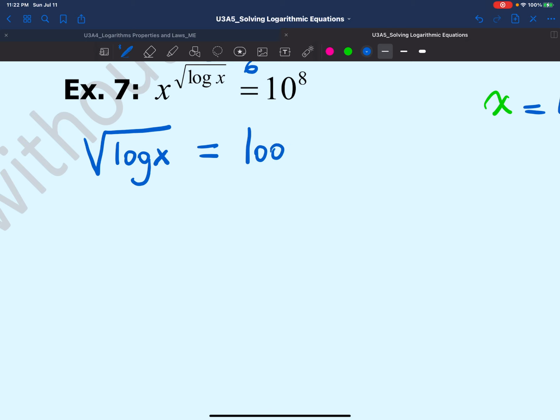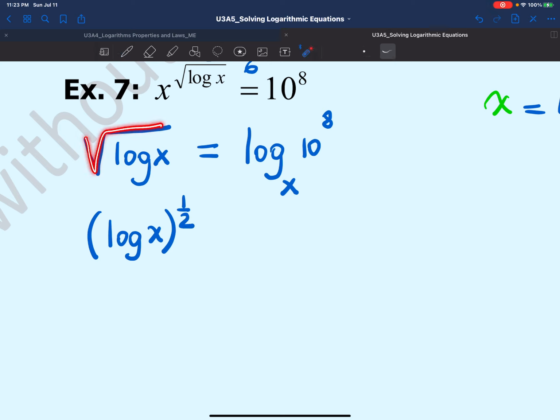So we'll write this down, the log with base x of 10 to the power of 8. So we'll write this in a simpler form. So we'll say log of x, the whole thing is to the power of 1 over 2. Remember, this is not a coefficient, it's not one of those powers that you can bring in.